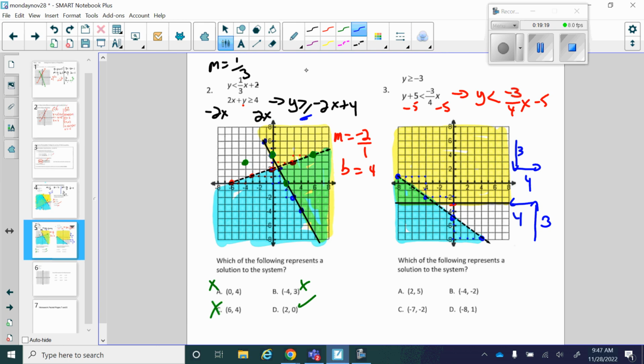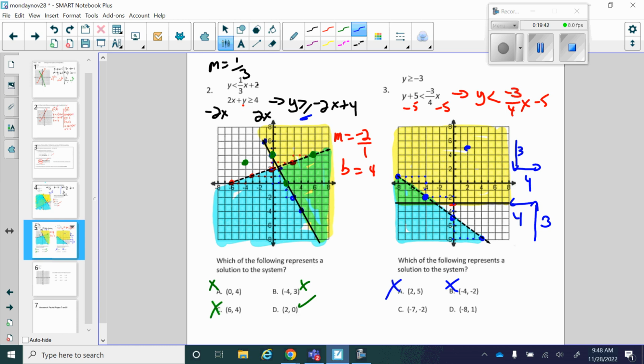(2, 5). Well, (2, 5) is right there. That's not what I'm looking for. Negative 4, negative 2: negative 4 is right here, down 2. That's right here on the dashed line. Again, it's on the dashed line, so I'm not going to take it.